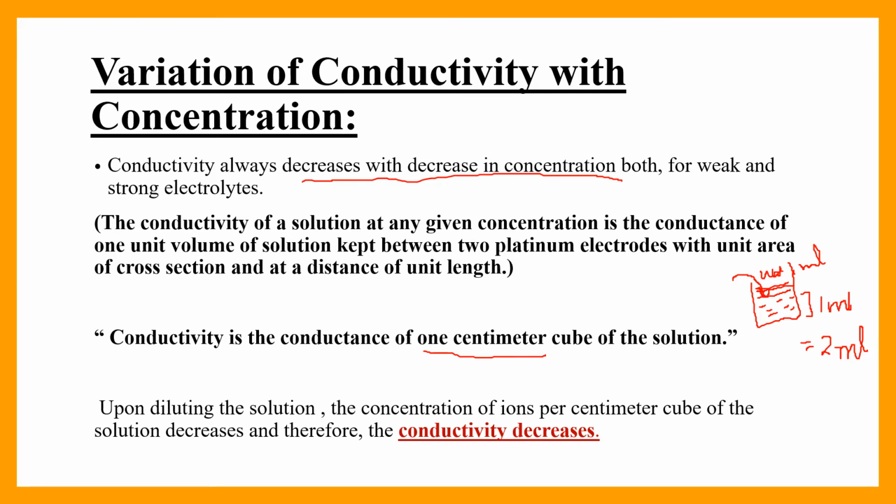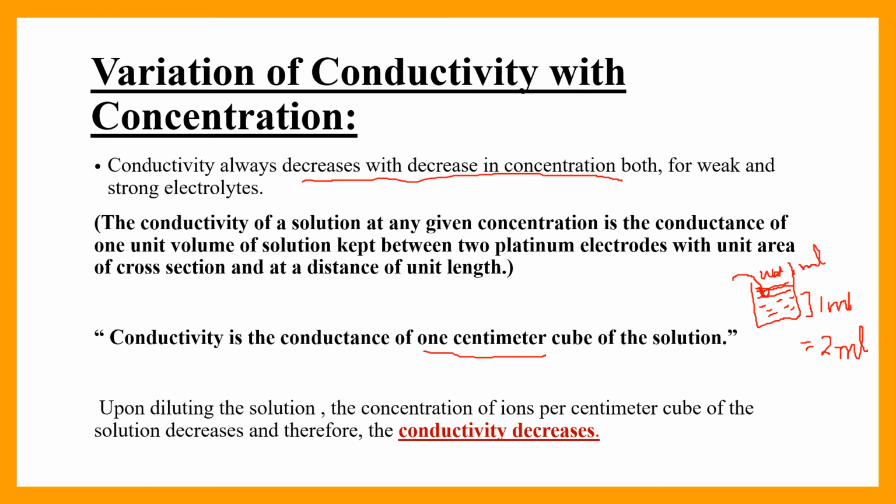It means on decreasing the concentration or on increasing the dilution of an electrolytic solution, the volume will increase. And as the volume increases, the conductivity of that electrolytic solution, either weak or strong electrolyte, will decrease, because conductivity is the conductance of 1 centimeter cube or 1 unit volume of the solution.